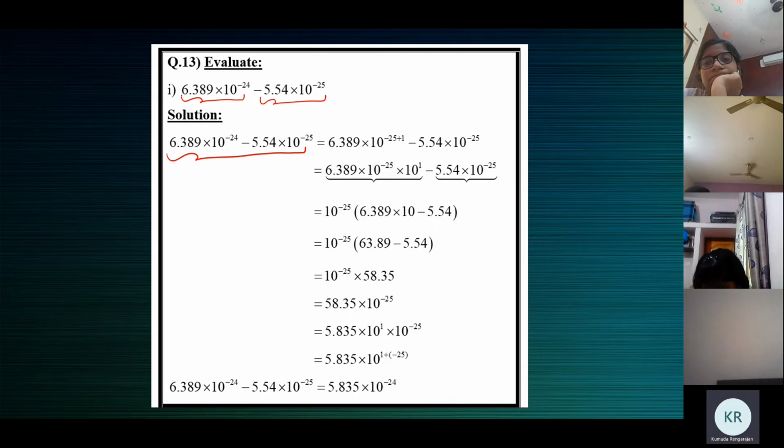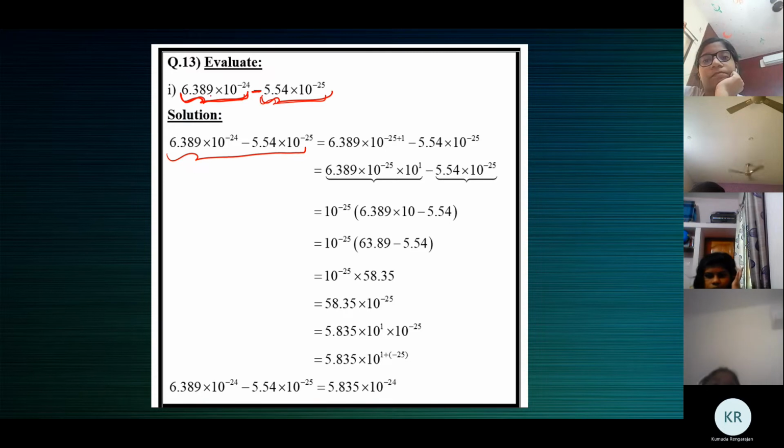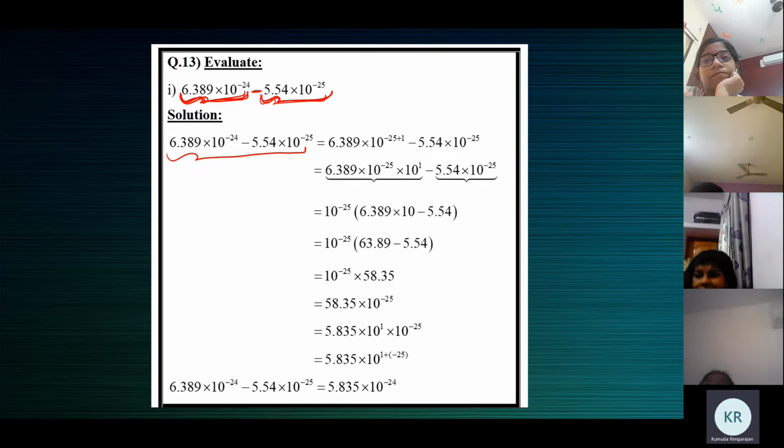You can see 6.389, because the value is less than 10, into 10 to the power minus 24. 5.54 is more than 1, less than 10, into 10 to the power minus 25. So this is one part, and this is the other part, separated by a minus sign.